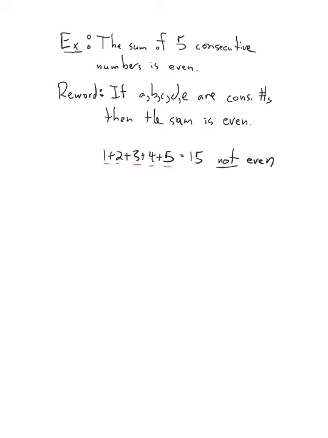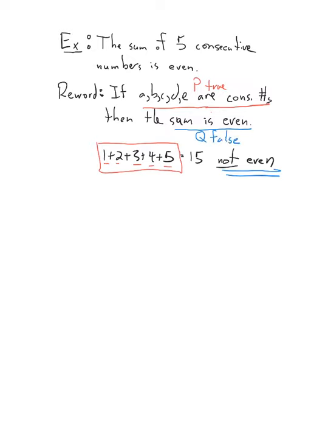So even though we picked 5 consecutive numbers, so the if part was true, we found a situation where, hey look, the then part is false. So this isn't a true conditional statement. We're in that dreaded row. Remember, we can't have it where the if part is true and the then part is false.